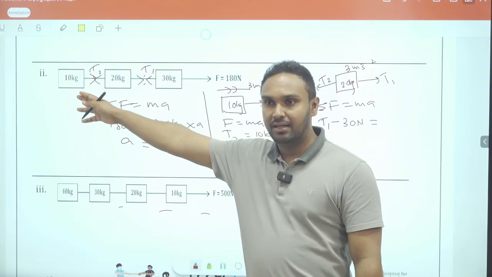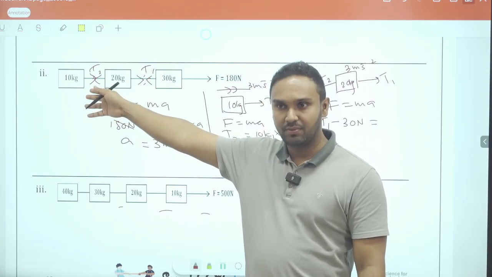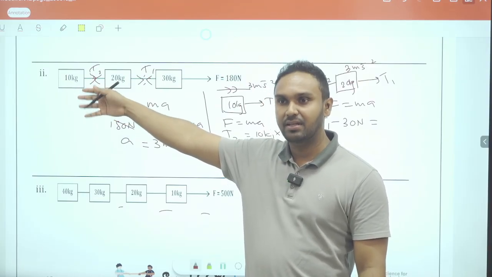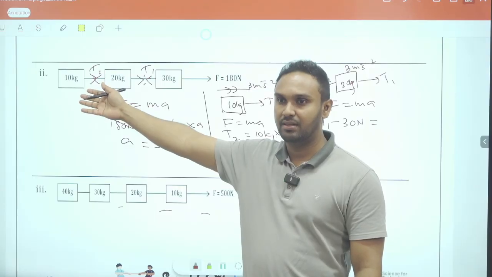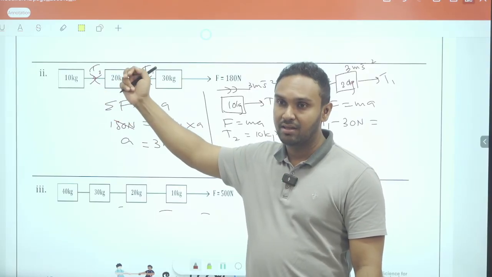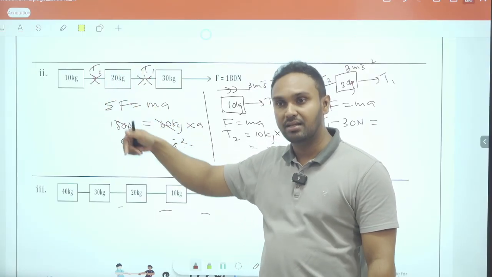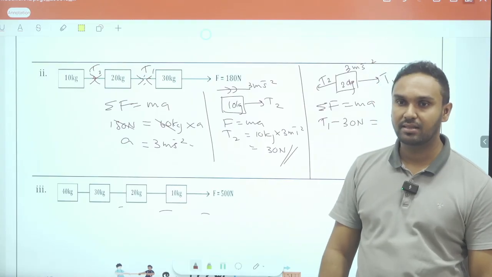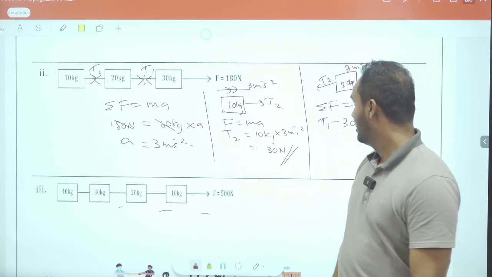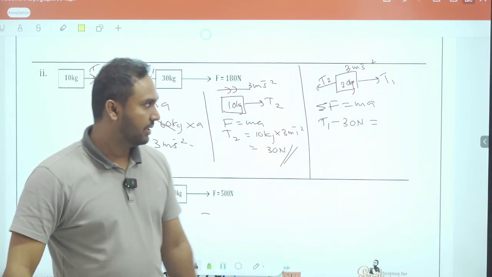In this one, in the 10 kilogram mass, there's only one force. So if you put sigma f equals ma, there's only one f, right? But in this case, it has two forces. So you have to take the resultant, which causes the acceleration, right? Now you understood, right?